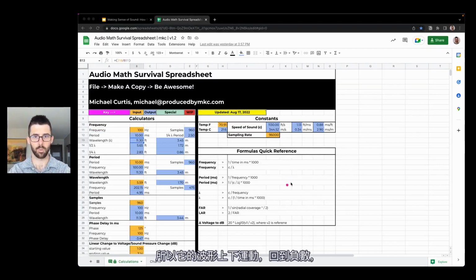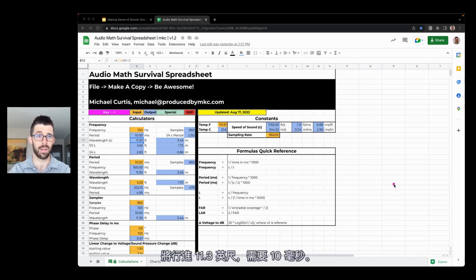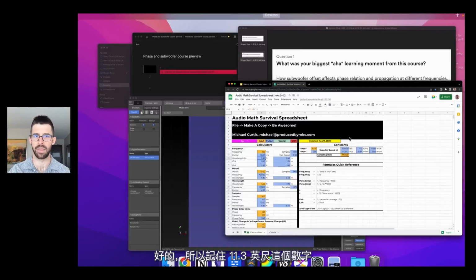For it to have its waveform going up and down, back to negative, up and down, I'm sorry, this is a sawtooth wave and not a complete sine, the time it takes to go through its complete cycle is going to travel 11.3 feet, and it's going to take 10 milliseconds to do so. All right, so 11.3 feet, let's remember that number.